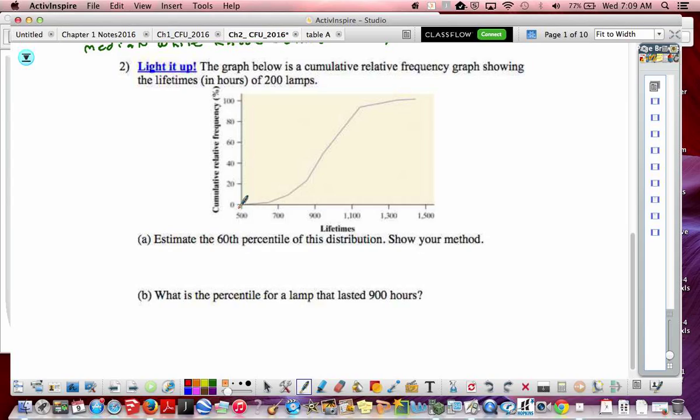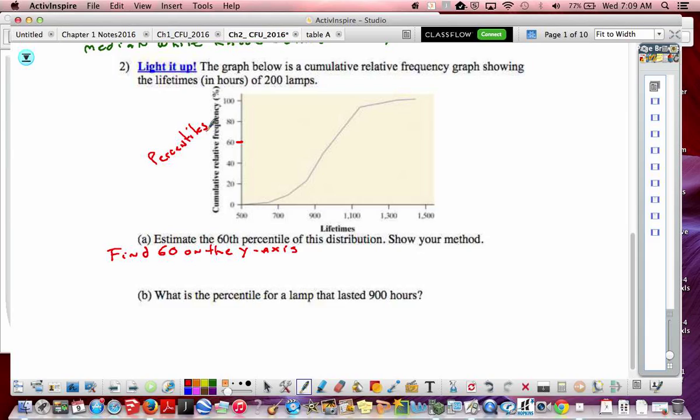Show your method. The first thing you should do is find 60 on the y-axis. The reason I'm saying that is this is where the 60th percentile is. You can think of these values as your percentiles, because it's cumulative, it's building up and counting more and more, everything underneath it.